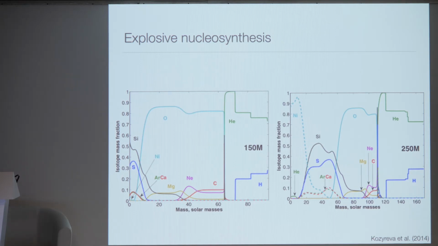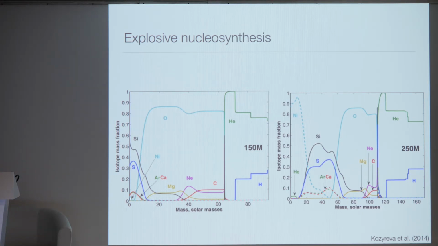So these are other examples. This is just after the explosion. This is 150 solar masses, the low mass limit of these explosions, the least massive pair instability supernova progenitor.